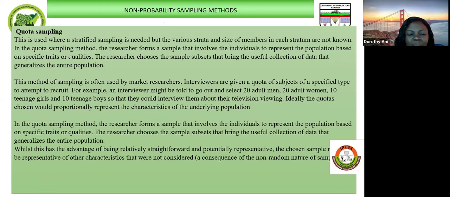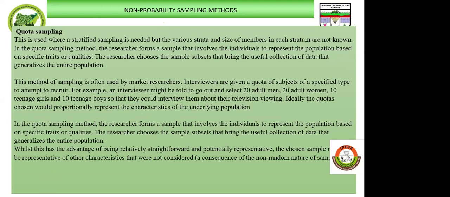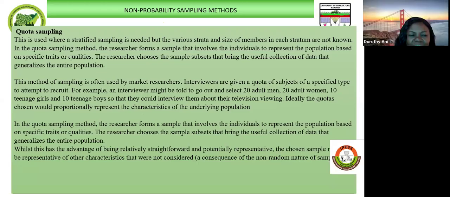Can I continue? Yes, ma'am. Quota is the last one. This is used where a stratified sampling is needed. Where did we see stratified? Stratified was in probability, but this one is non-probability. So it looks like stratified.